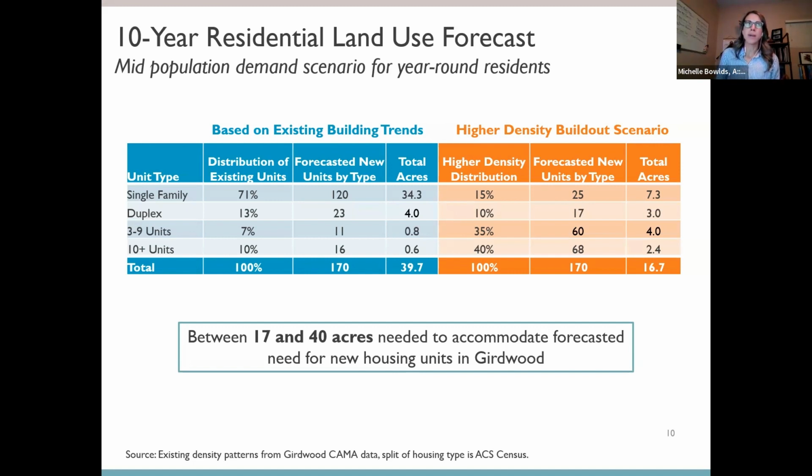Under the existing building trends, there's demand for roughly 40 acres of residential land. Under a higher density build out scenario that leans more heavily towards multifamily, that could be lower, closer to that 17-acre estimate that we're showing here. So this is presenting a range based upon different types of build out scenarios.